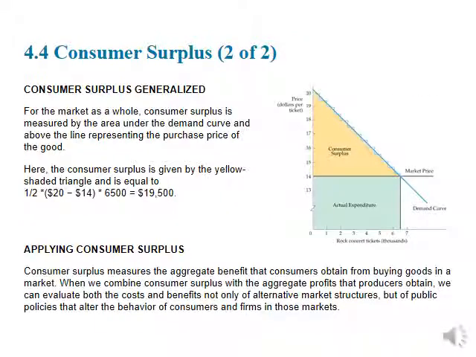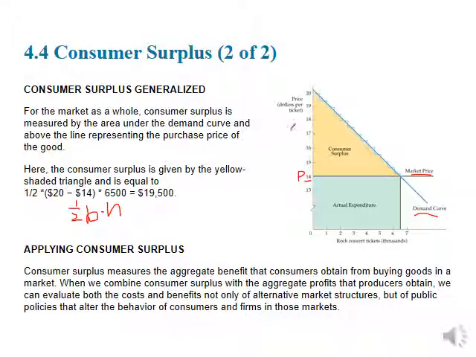Since consumer surplus is the area between the demand curve and the market price, here again $14, we can either take the integral or, in this case, do some basic geometry and calculate the area of that yellow triangle, 1/2 base times height.